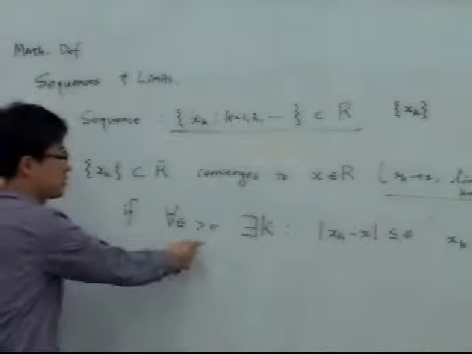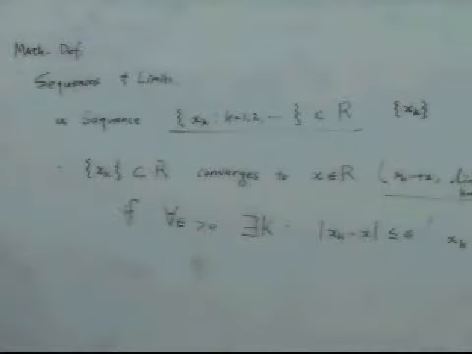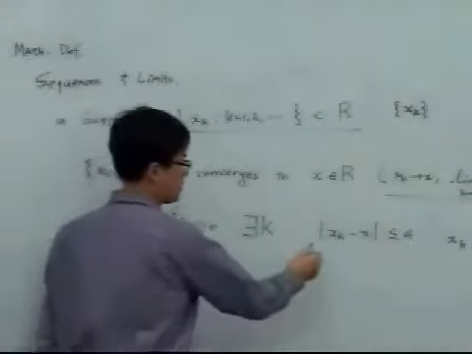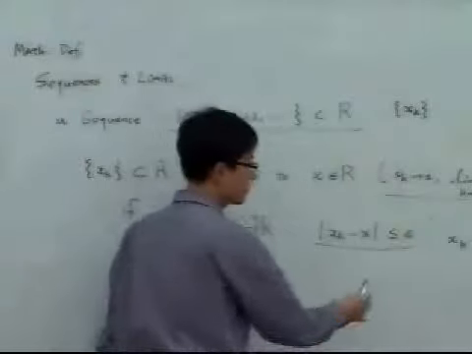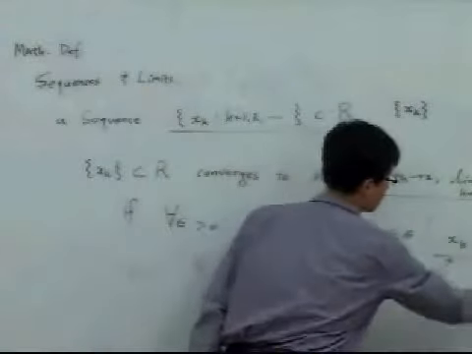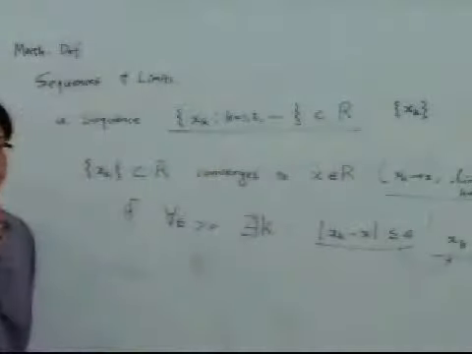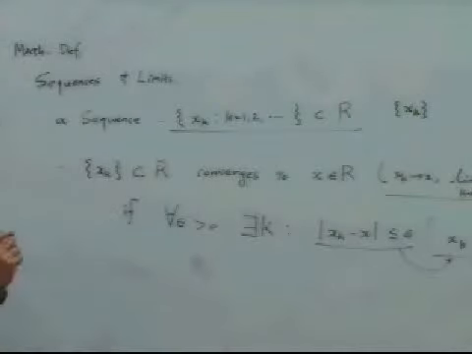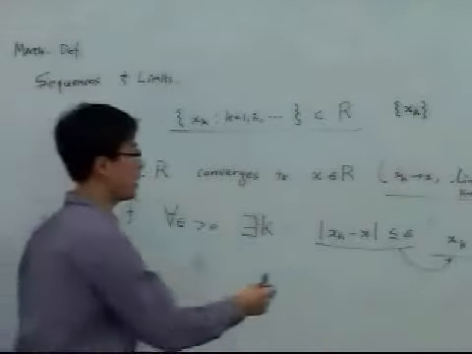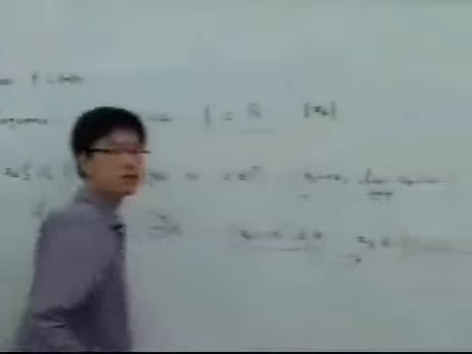This is another definition. In the previous class, we defined that this ball is the very small, infinitesimal adjacent area of the point x with radius epsilon.